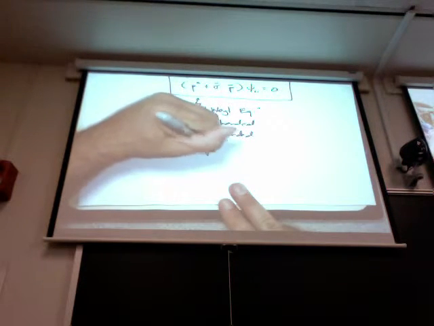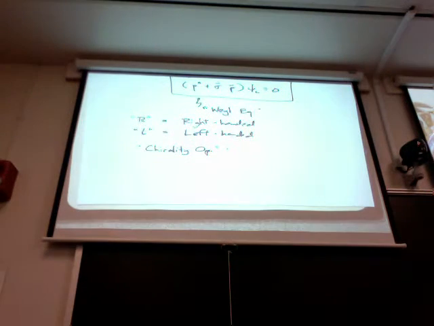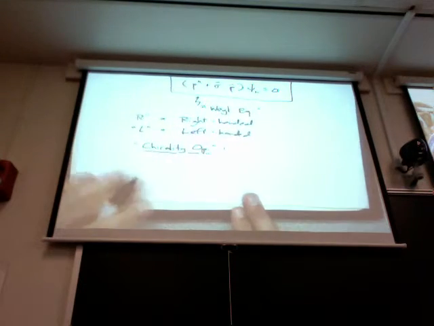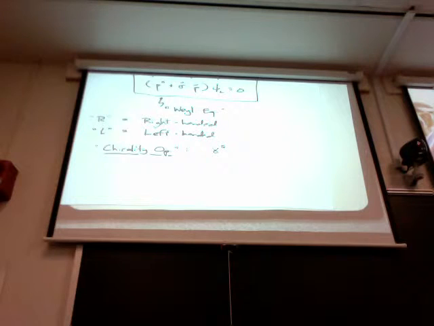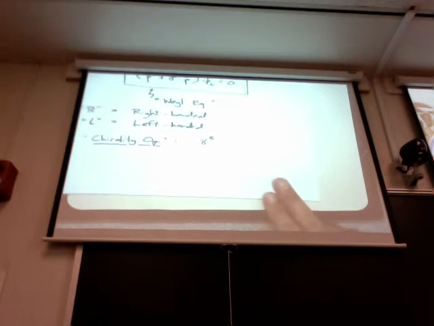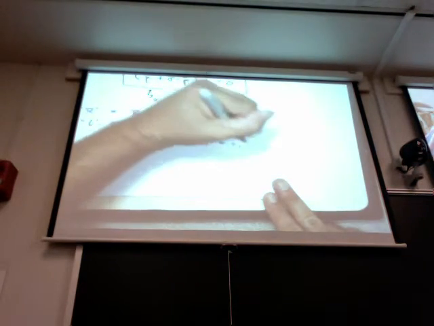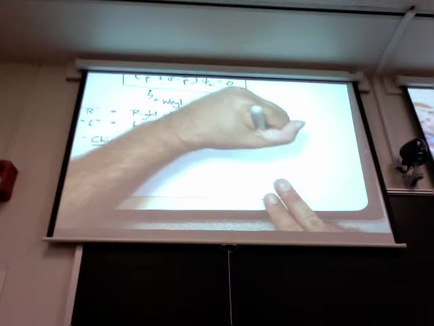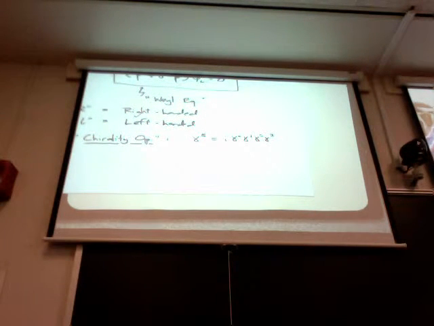This chirality operator is a new gamma matrix, basically, and it's called gamma 5. The standard way to construct gamma 5 is you take all the gamma matrices, gamma 0 through gamma 3, multiply them together, and then multiply by a factor of i.